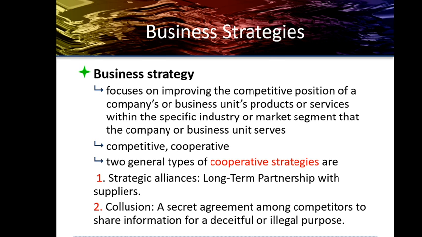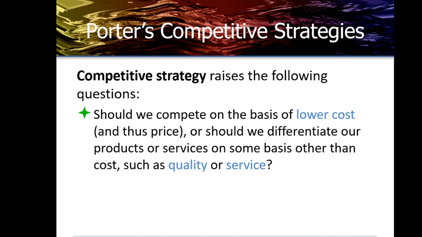Now this is with regard to the cooperative strategies. Okay, but our concentration in this chapter really is about the competitive strategies, which is Porter's competitive strategies, not the cooperative strategies, which we will discuss inshallah next meeting.